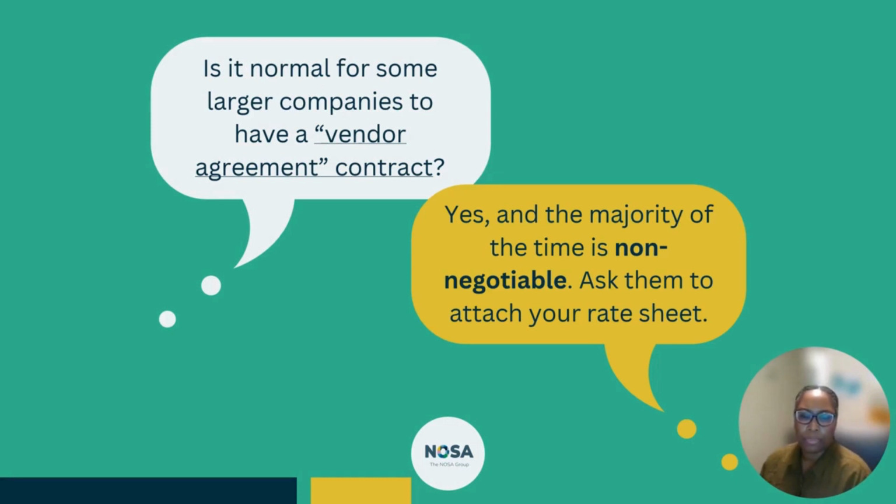Typically in the VMS space, you will sign an agreement that they provide you. That'll include a rate sheet, do's and don'ts, locations, names of facilities, as well as types and positions that they staff for. So that's pretty common when you're working with vendor management systems.